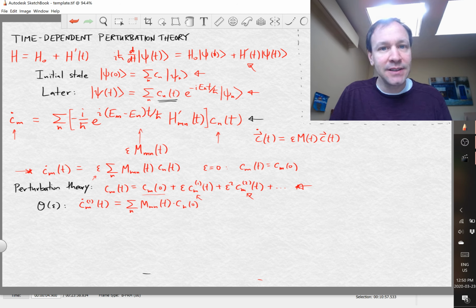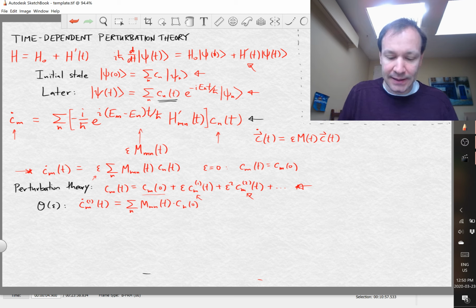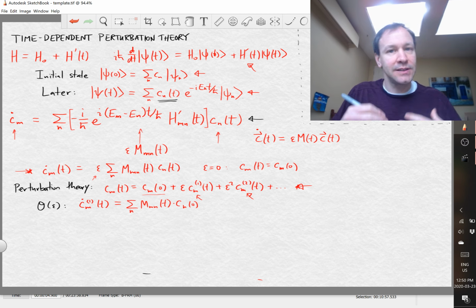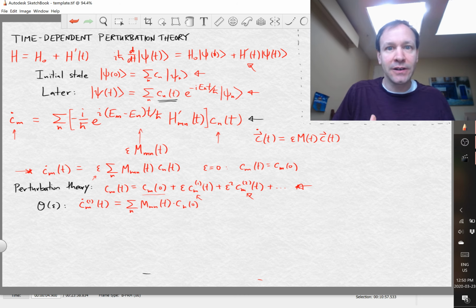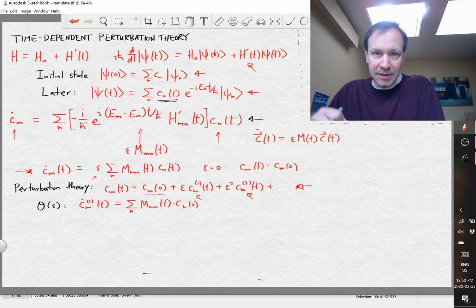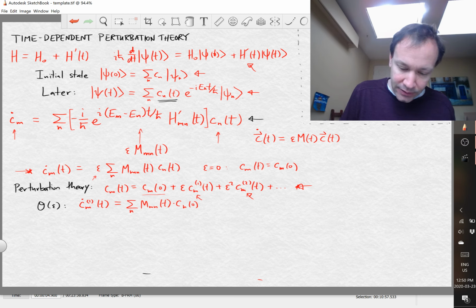And the Cn of 0 is just the information about the original state of our system. So the solution to this equation, because it's just saying that the time derivative of one function is equal to some other function, is that the function we're trying to solve for is going to be the integral of that other function.